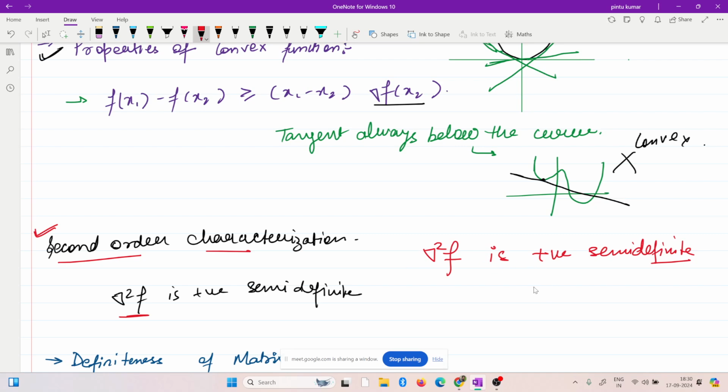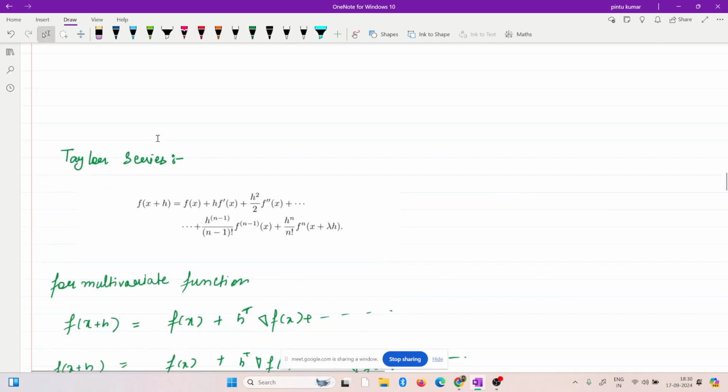This is another characterization. We will come to checking positive semi-definiteness, but just remember that if you have your Hessian and you check that it is positive semi-definite, then you are done. You have confirmed that it is a convex function.